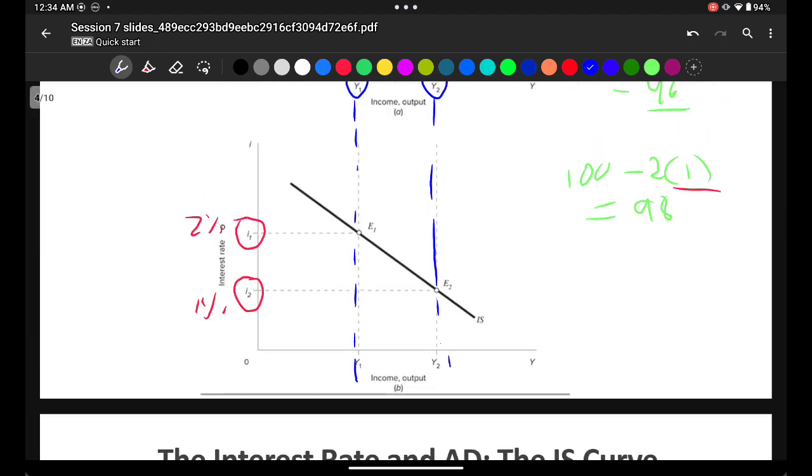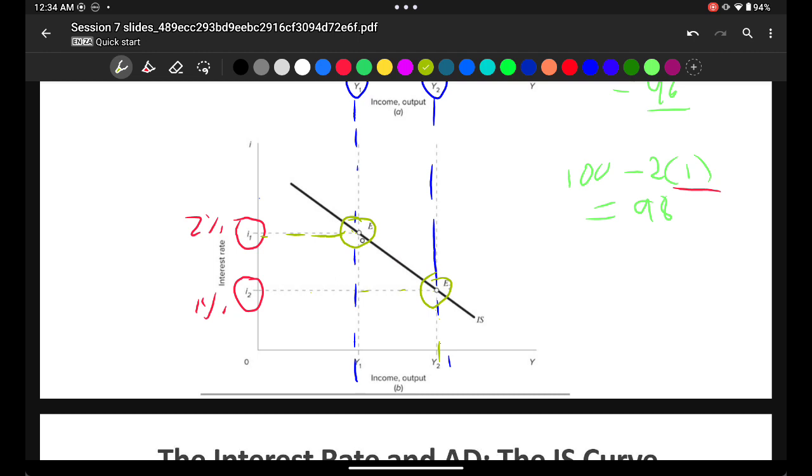Then from the interest rate, remember 2% could be here, 1% could be here, but as long as you put 2 above 1. This line intersects with this line, draw a circle. This line intersects with this line, draw a circle.